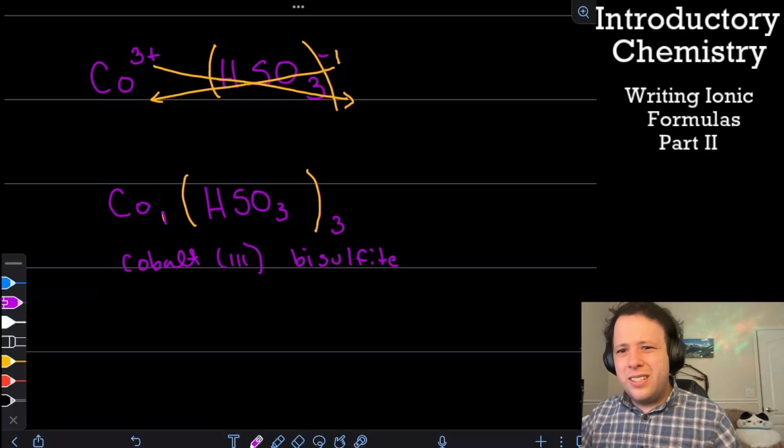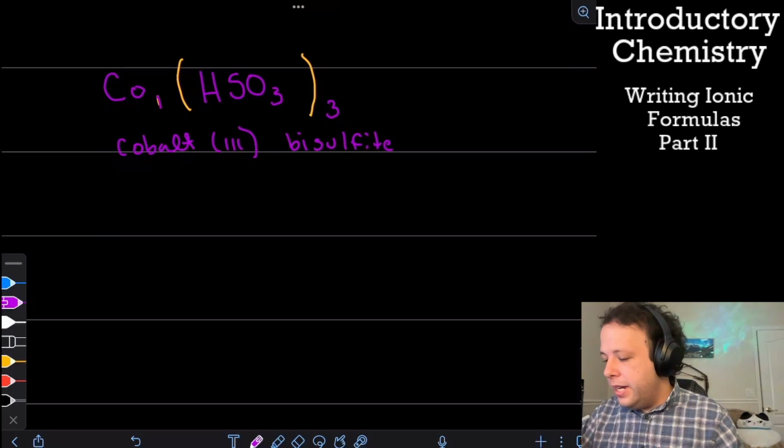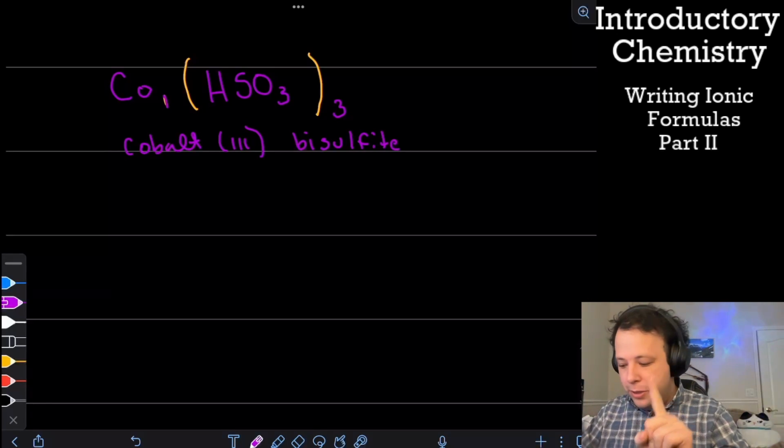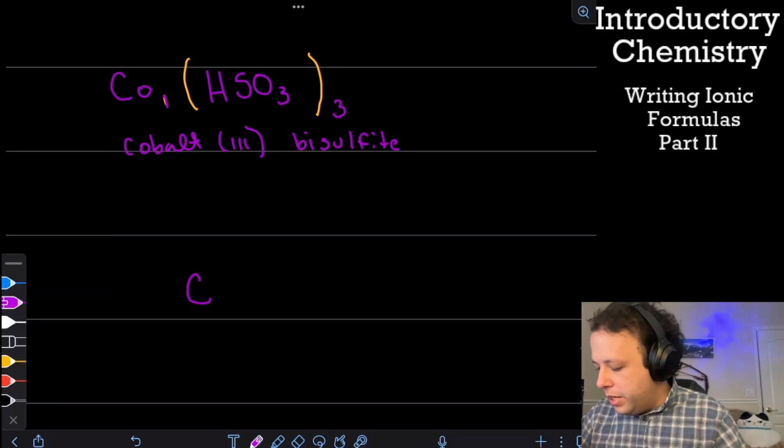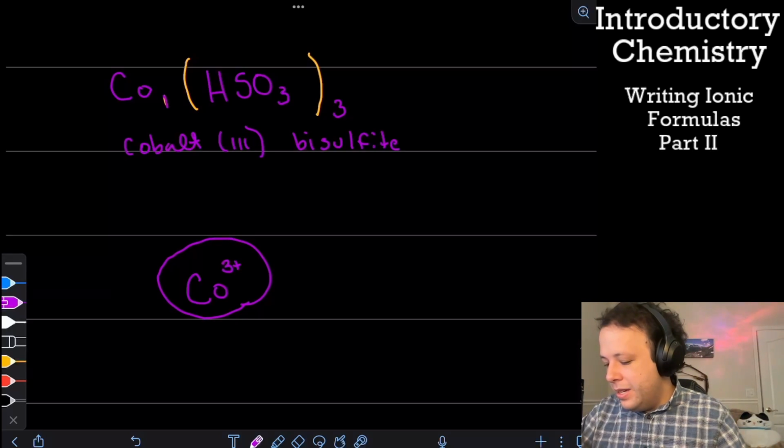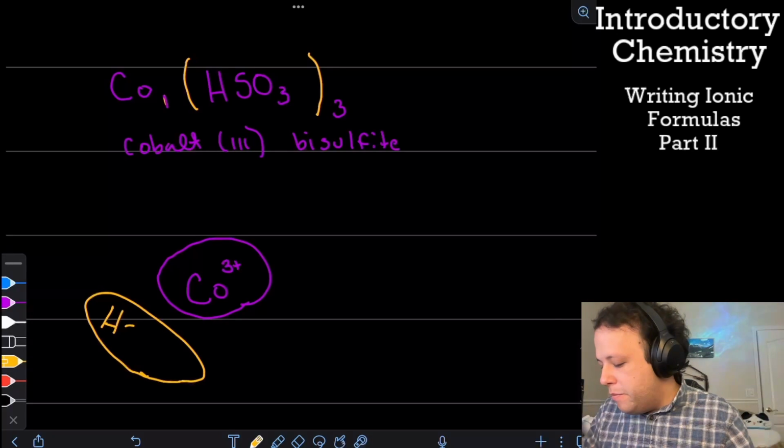Now, what does that look like on an elemental picture? Well, it's kind of the same thing. Being that we have one cobalt, it's as if we draw just one Co3+ as a little atom, and then we have around it a bunch of HSO3 molecules all bound around it.